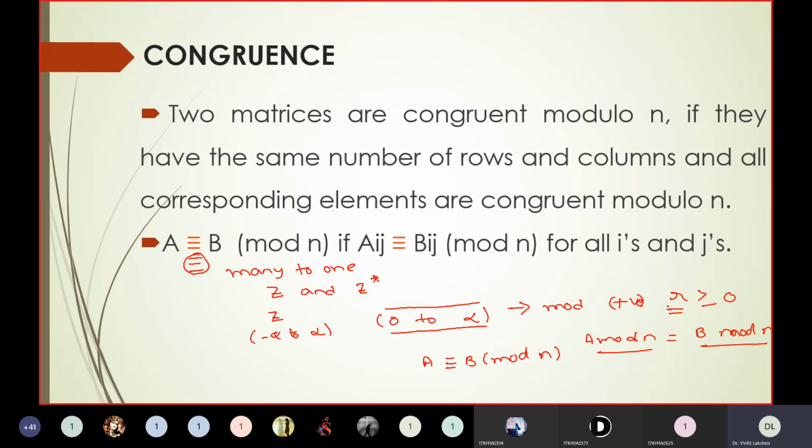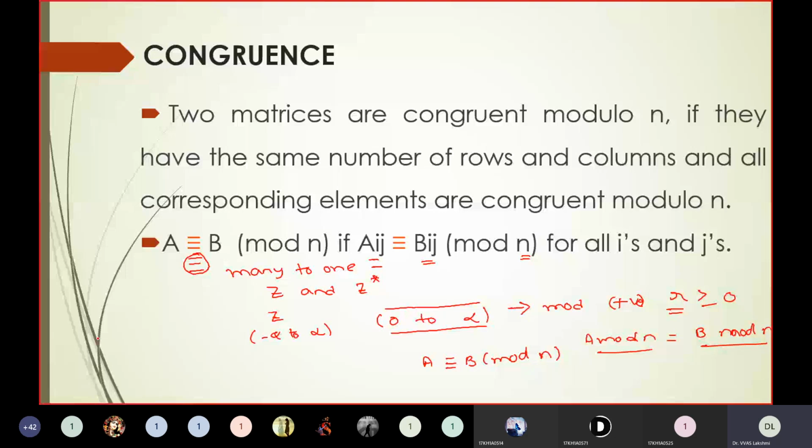So whenever you say that A is congruent modulo of B mod n, the modulus operation is performed with n on each and every individual element in A and in B. If the resultant values are exactly equal, then both the matrices A and B are congruent modulo n.